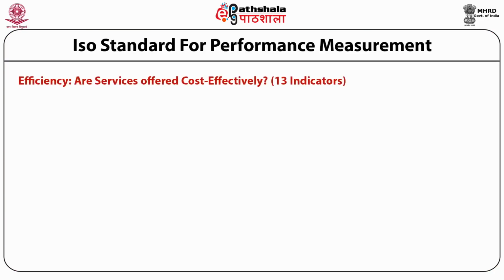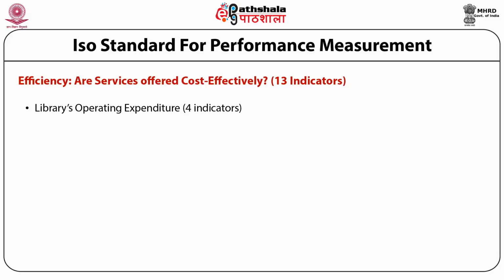This aspect deals with the cost effectiveness of the services. This perspective is represented by 13 indicators. Libraries' operating expenditure is set in relation to users' visits and total collection use. Acquisition costs are compared to staff cost in order to assess whether a sufficient part of the budget is spent on the collection.